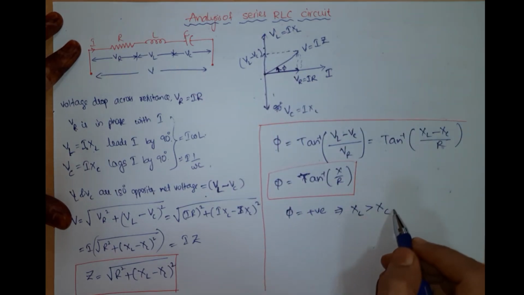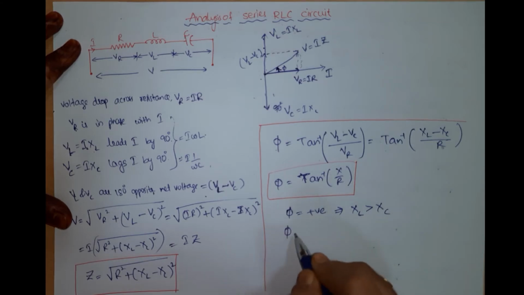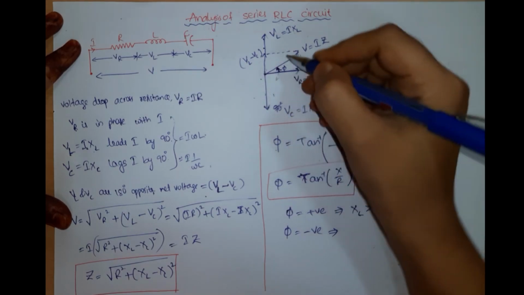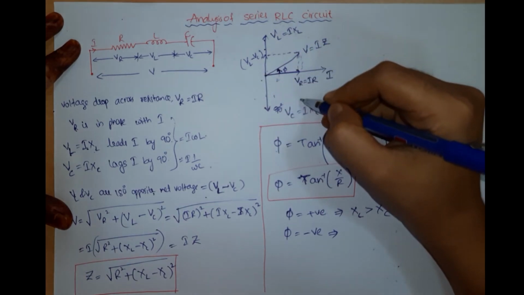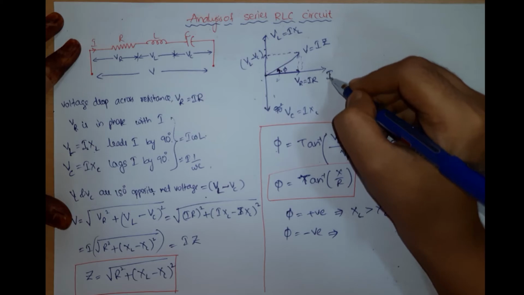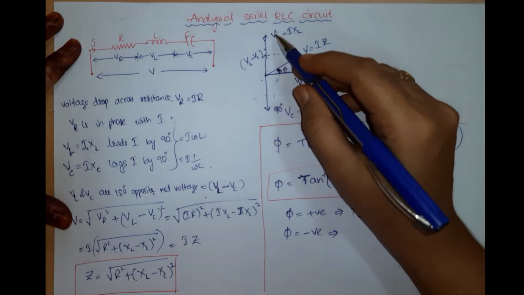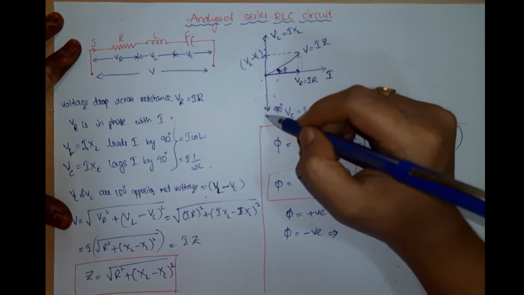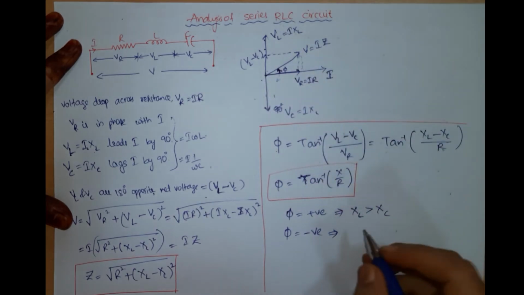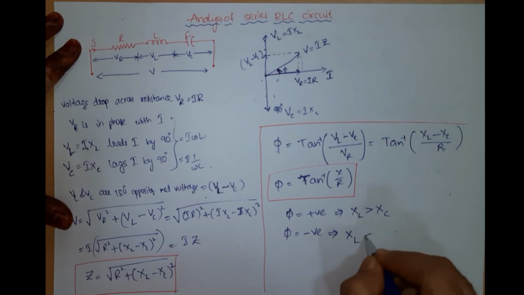From there we conclude that XL is greater than XC. In the same way, if phi is negative, the angle will be on this side, in the clockwise direction. Then the resultant will be like this. If the resultant is between the reference and VC, that means the resultant of VL and VC is negative. Right? So in that case, we conclude that XL is less than XC.